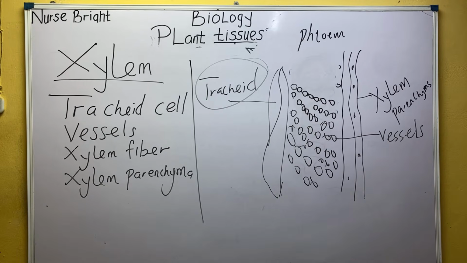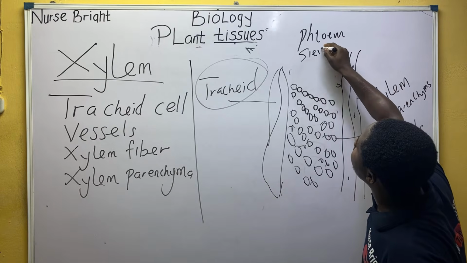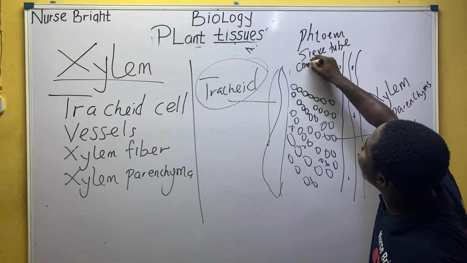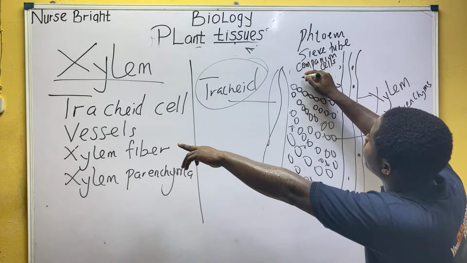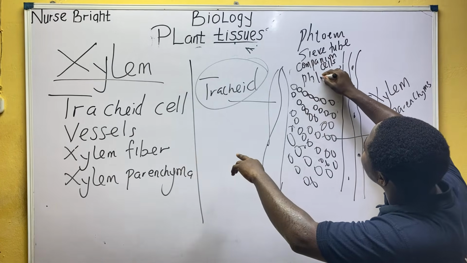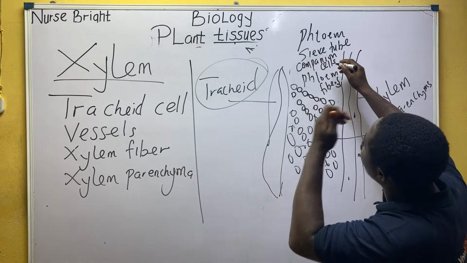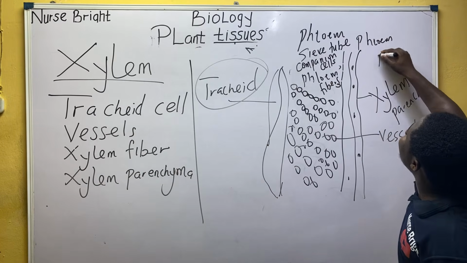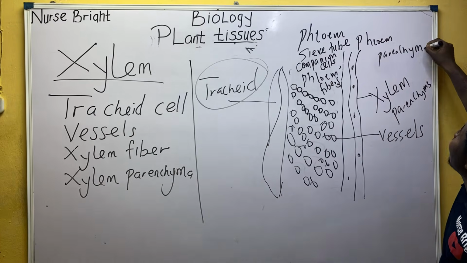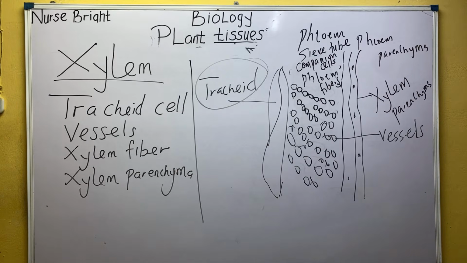First of all, it has sieve tubes, companion cells, phloem fibers, and also phloem parenchyma. Are you there? So that is for that. You can see the 4 things that the phloem is made up of, the way the xylem is made up of those other ones. So please note all this.